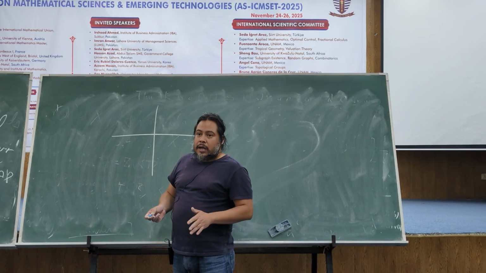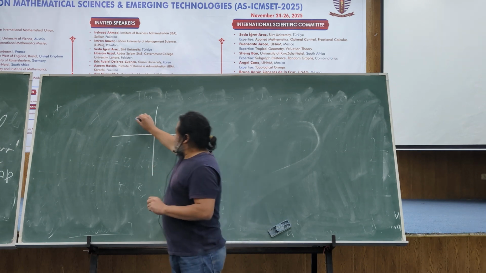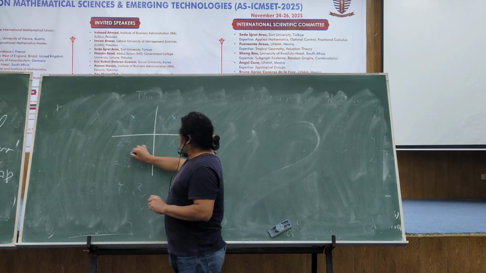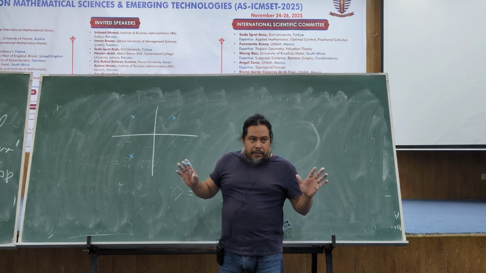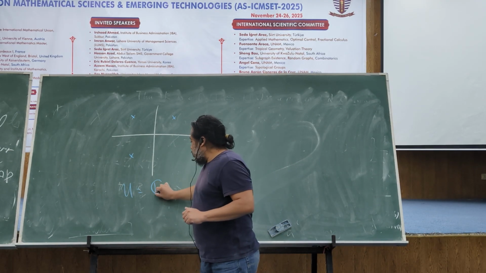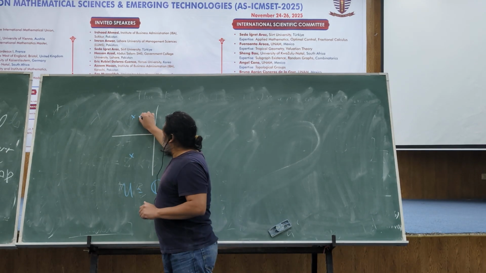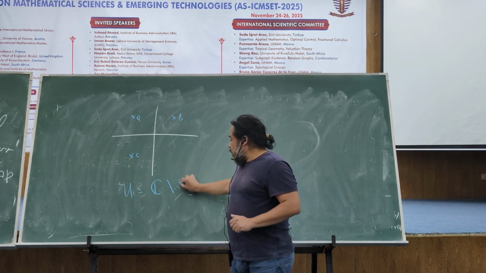In order to do that, I just need to exclude a finite number of points, right? Let me take away these 3 points, A, B, and C, from the whole complex plane. So the open set U is the complex plane minus A, B, and C.